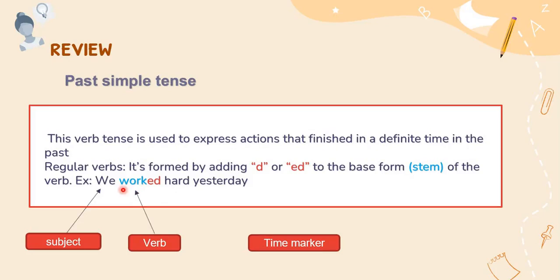Here we have the stem, which is work, plus ed at the end. So here we have a past verb, worked. Worked hard yesterday. Yesterday here is a time marker which defines a specific time in the past.